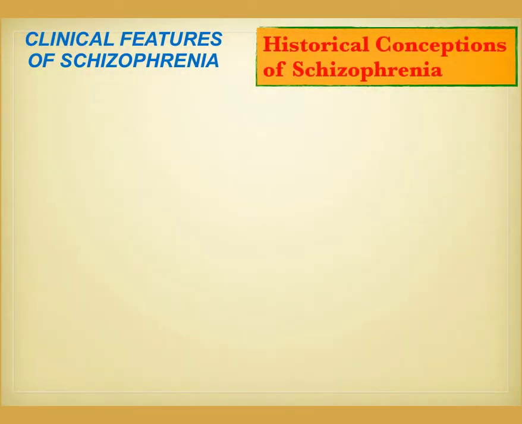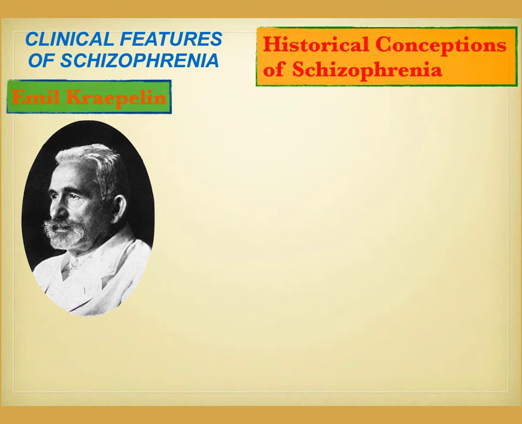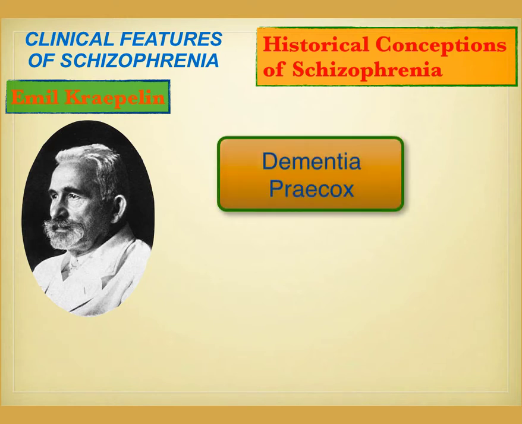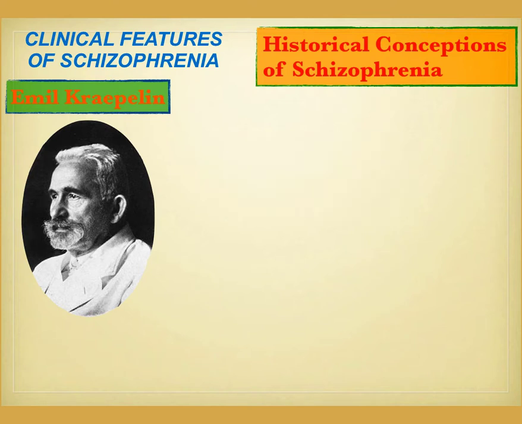Looking at clinical features of schizophrenia, we're going to look at the historical conceptions of schizophrenia. Emil Kraepelin was the first to describe the syndrome that we now know as schizophrenia. Now, mind you, he didn't call it that. He labeled the disorder Dementia Praecox. He believed that it was a disease that developed early in life and followed a progressively deteriorating course.